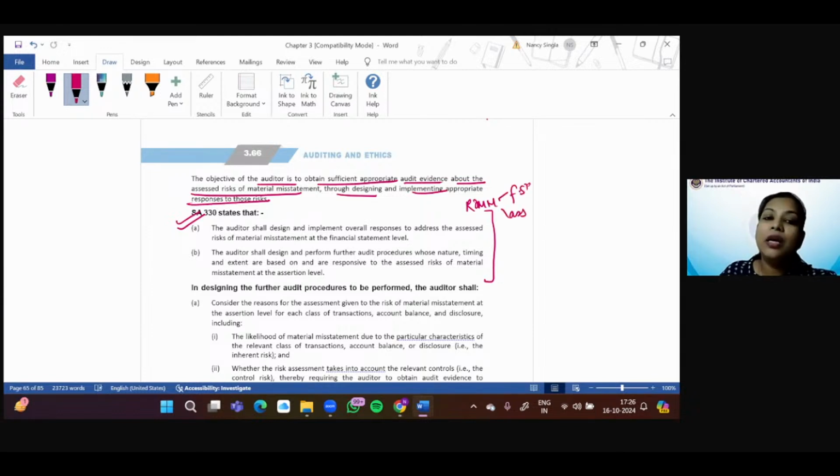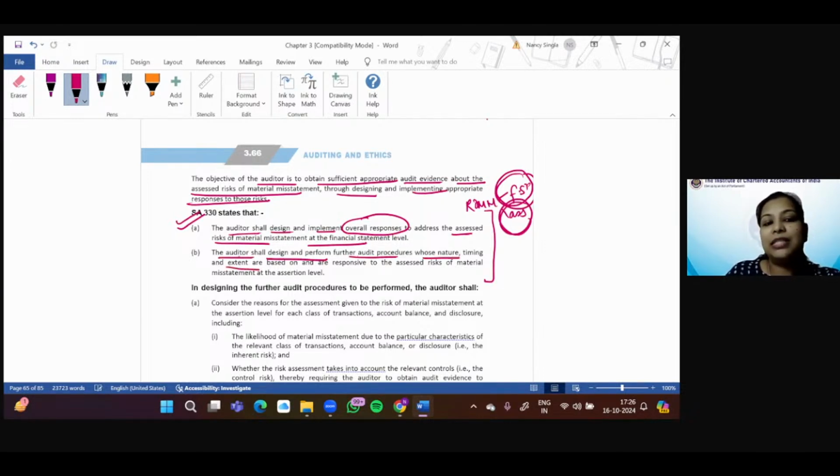So the auditor will design and implement overall responses at the financial statement level and specific audit procedures at the assertion level. The auditor shall design and implement overall responses to address the assessed risk of material misstatement at the financial statement level. The auditor shall design and perform further audit procedures whose nature, timing and extent are based on and are responsive to the assessed risk of material misstatement, right?